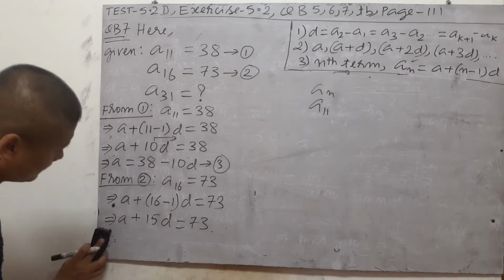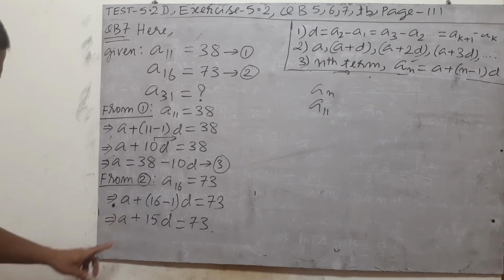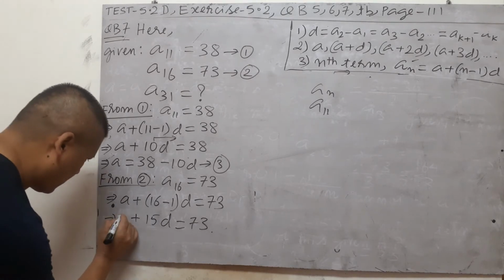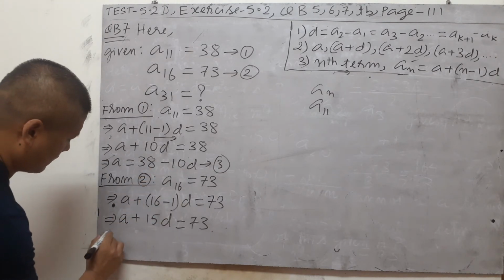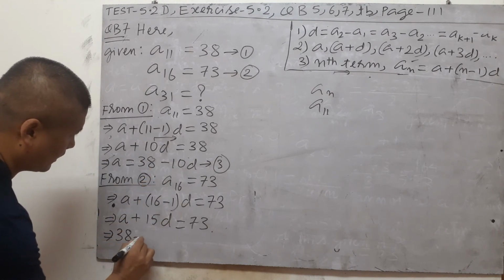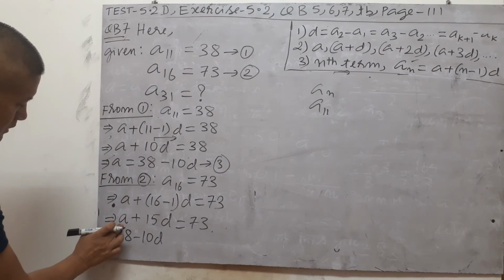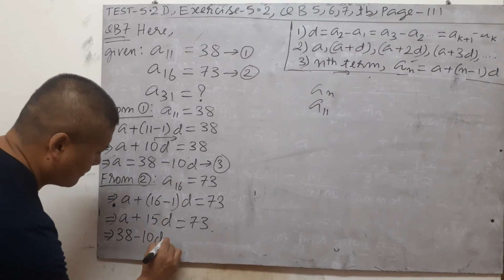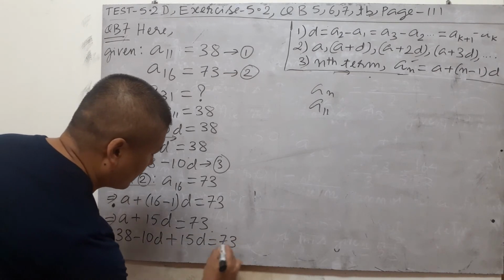Now next, this A is the same A here. So we can replace this A by this value, 38 minus 10D will now replace this A here. The next is plus 15D equal to 73.